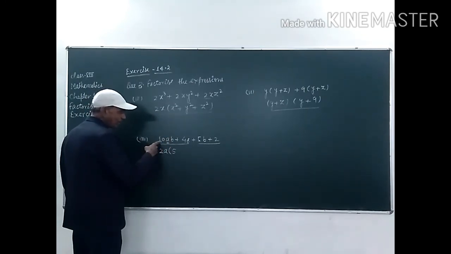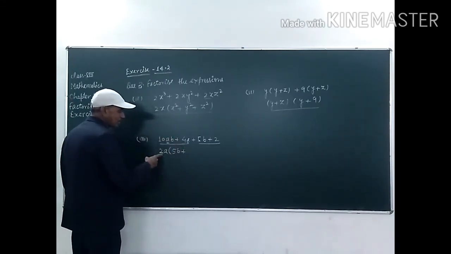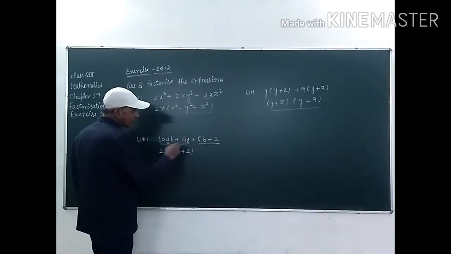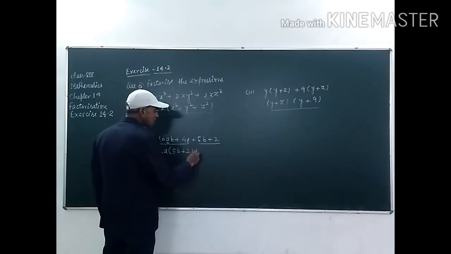Here 5, and this one b remains here, student. 5b plus 2a, 4a is divided by 2a, then a cancels, and 2 2s are 4. So in this part 2 will remain here, plus 5b plus 2.